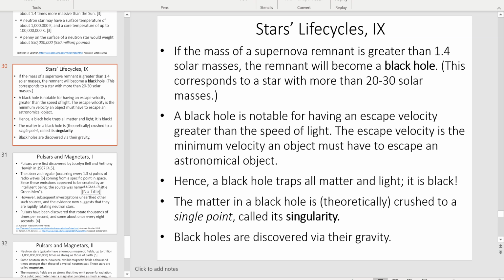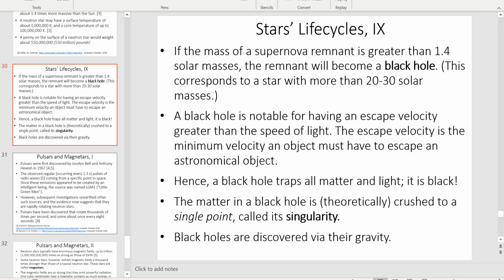Black holes are discovered via their gravitational pull. Another question you might have is, if black holes don't emit any light, how do you discover them? Which is a very good question. And the answer is typically that a black hole is a highly compactified region of space where there is a tremendous amount of mass.